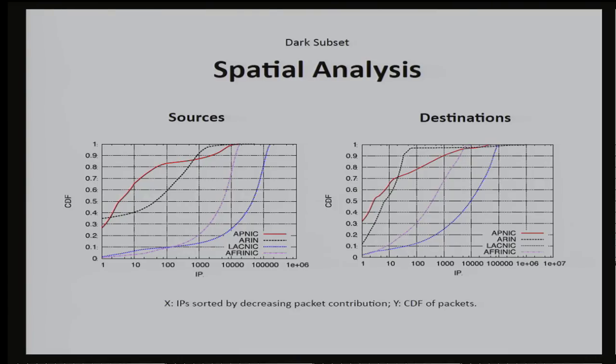Now that tells you that there's some very specific event there that can be tracked down and perhaps mitigated. In terms of destinations, it's even more dramatic. For the ARIN region, we see less than 100 destinations. So this data is going towards specific IP addresses, and less than 100 of those account for 90% of the traffic. And for the other two regions, we see much lower traffic volumes.